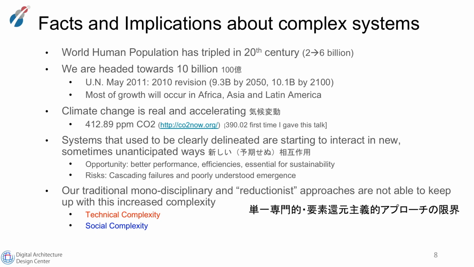Like I mentioned, systems that used to be clearly separated are beginning to interact in new ways. And that's good because we get better performance, better efficiency, and also sustainability could be helped by that. But there are downsides, such as cascading failures and poorly understood emergence. And I will be discussing what we mean by emergence. It's behavior that's new and difficult to predict ahead of time.